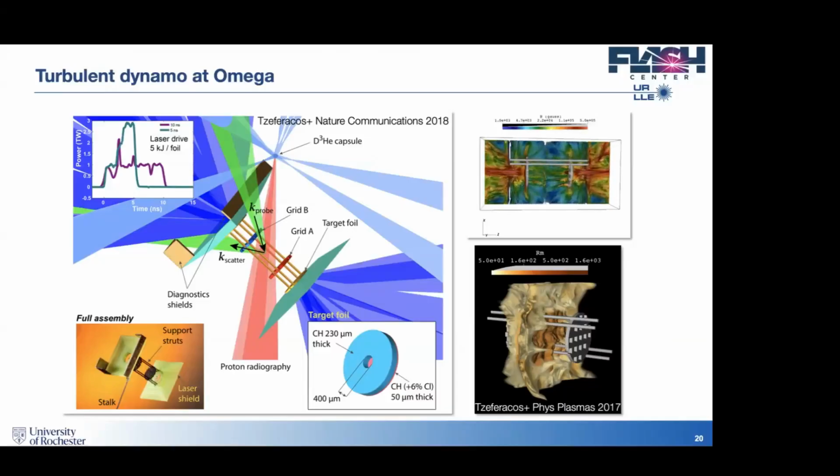Now, this required an out-of-the-box approach in the design process, in which we constructed this Rube Goldberg device of a target, where you have two target foils which you illuminate from the back using the Omega laser. That creates a pair of counter-propagating flows that are forced to go through a pair of grids, which we misalign. And then when the collision happens, these plasma plumes shear and create a hot turbulent region in the center with magnetic Reynolds numbers that are above the critical value.